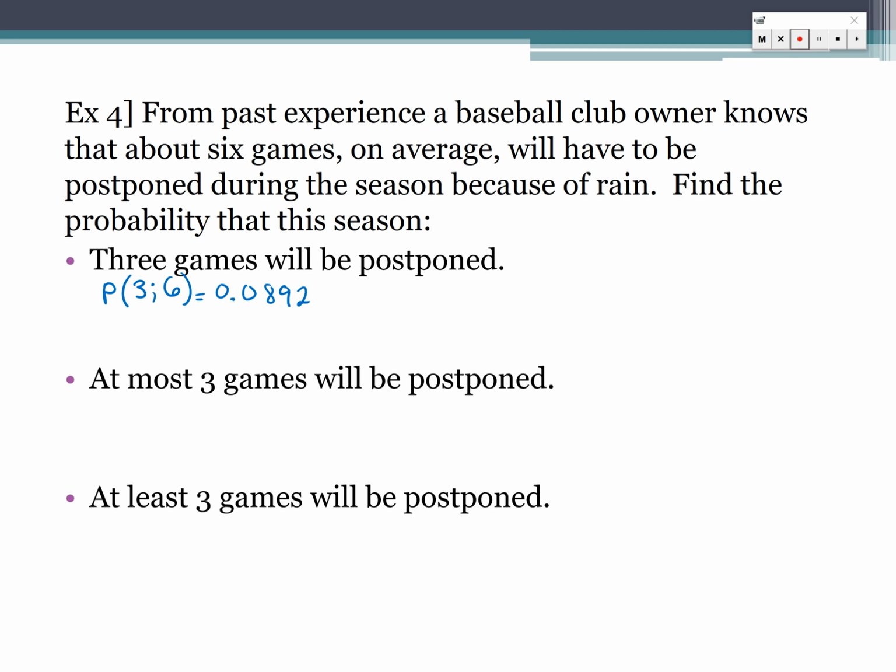So that means we're talking about our x value being 0, 1, 2, or 3. So that means I need to find the probability of 0 games being postponed, plus the probability of 1 being postponed, plus the probability of 2 being postponed, plus the probability that 3 are postponed.